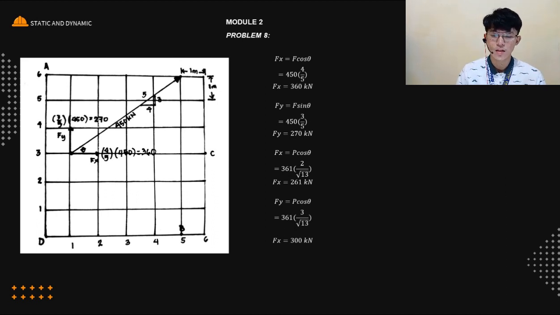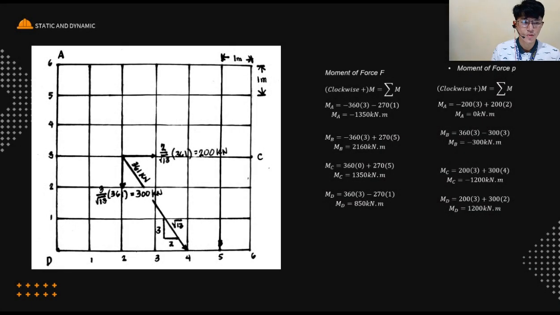Next naman po kukunin natin ang f of y ng pangalawang force. So, using the formula P sine theta. Again, so, 361 times 3 over square root of 13. So, ang makukuha po natin is 300 kN.